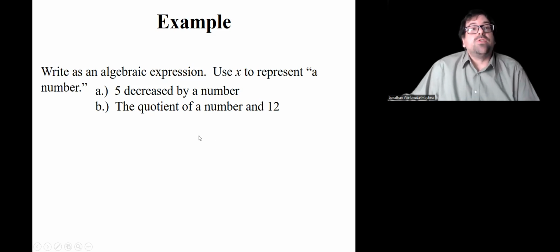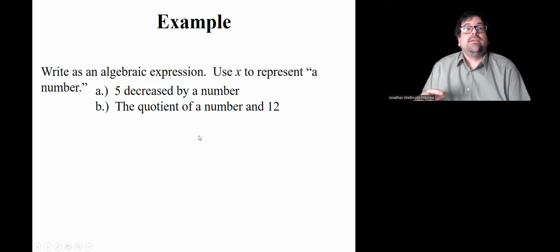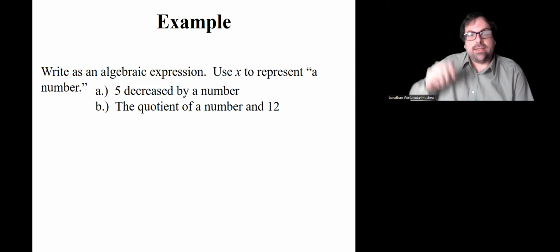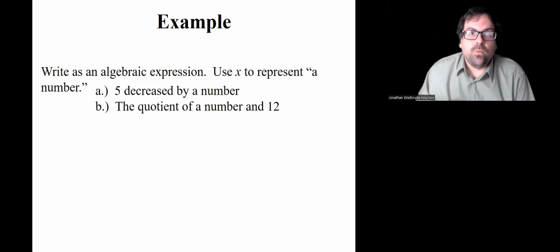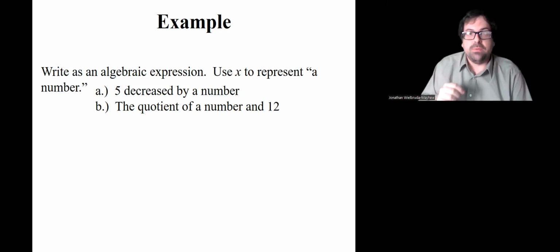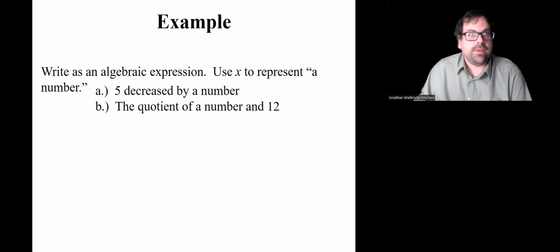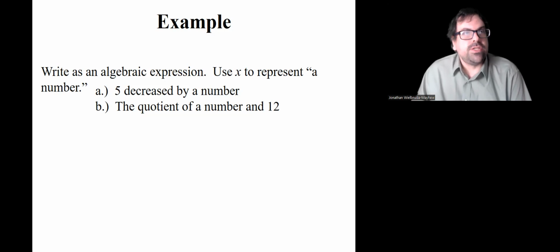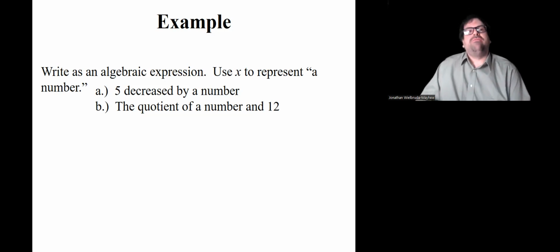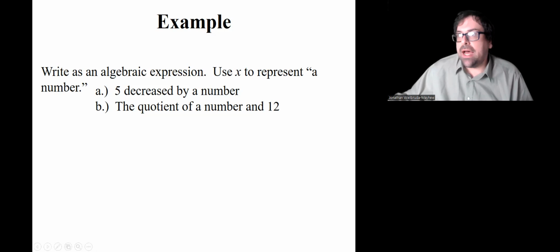For our next examples, we're going to write these English phrases as algebraic expressions. We're going to use x, the variable x, to represent, quote unquote, a number. So in example A, we have 5 decreased by a number.